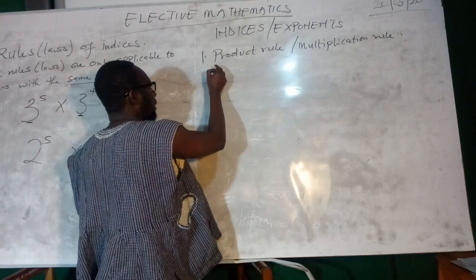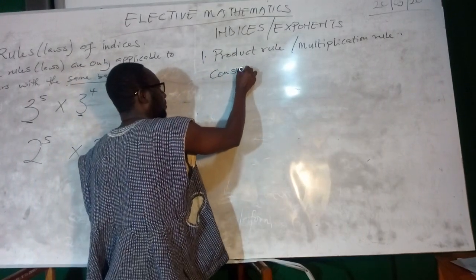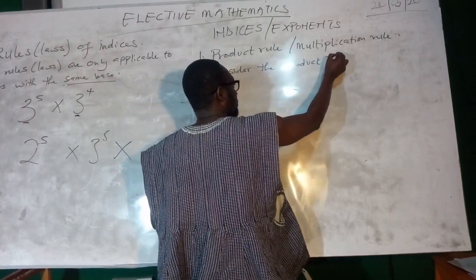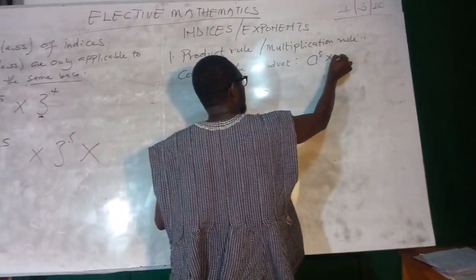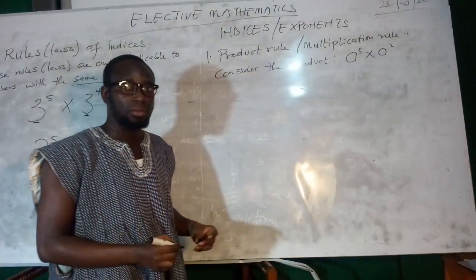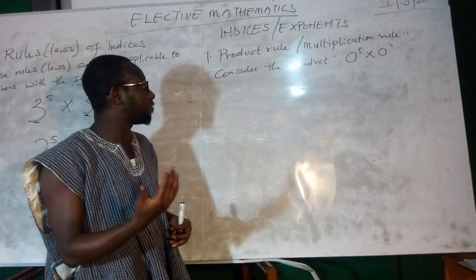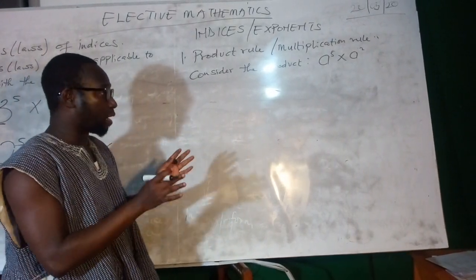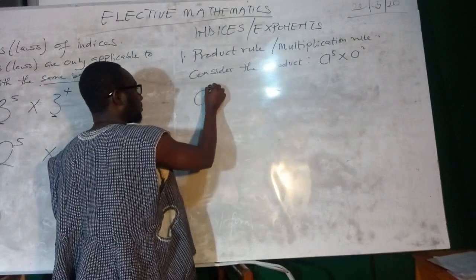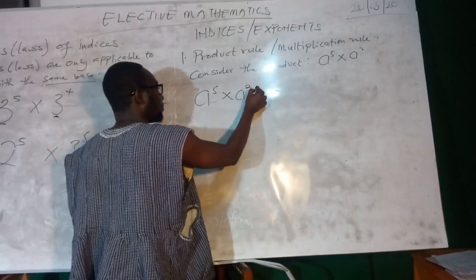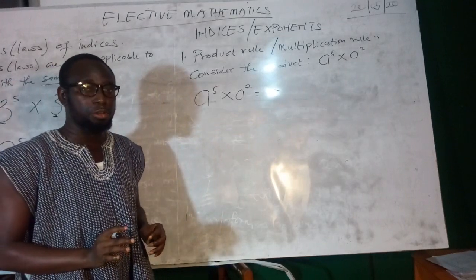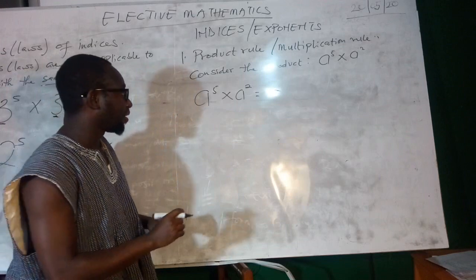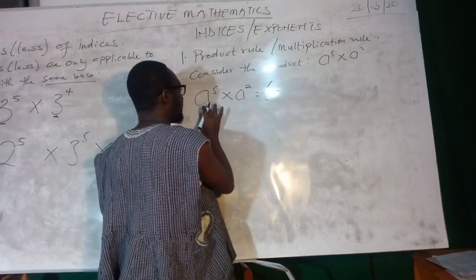Now let's consider this product. We are using the product A exponent 5 times A exponent 2. Okay, so let's look at how we work around this. Now the first thing we are going to do is write this in expanded form.